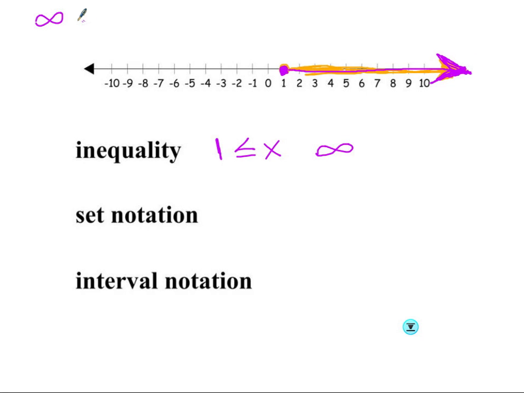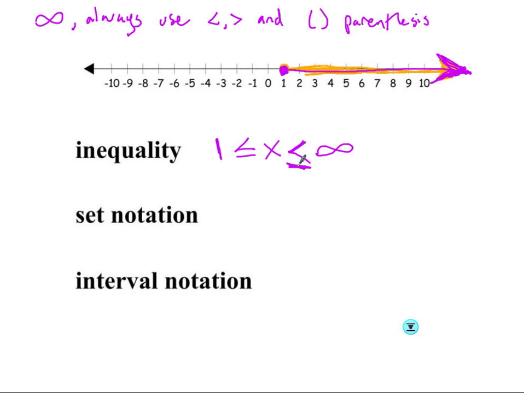Whenever you have infinity, always use less than or greater than and parentheses. So this is a rule that we're always going to follow. In this case, x is going to be less than infinity. The reason we don't use less than or equal to is because this equal to basically means that you have a number that equals infinity, which does not make any sense. So this is why we have to use this symbol.